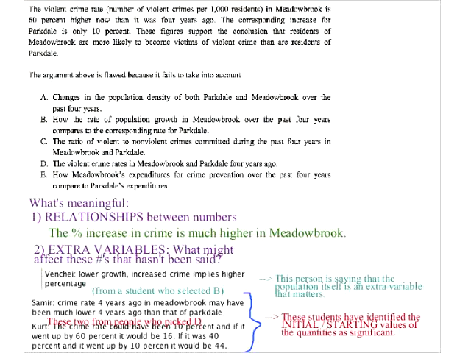So let's take a look, because if the population size itself were a factor, then B would be correct. If the initial values are in play, then D is correct. But let's take a look at what the problem says. The problem says that we are considering violent crime per 1,000 residents, which means that population size is not actually a factor.